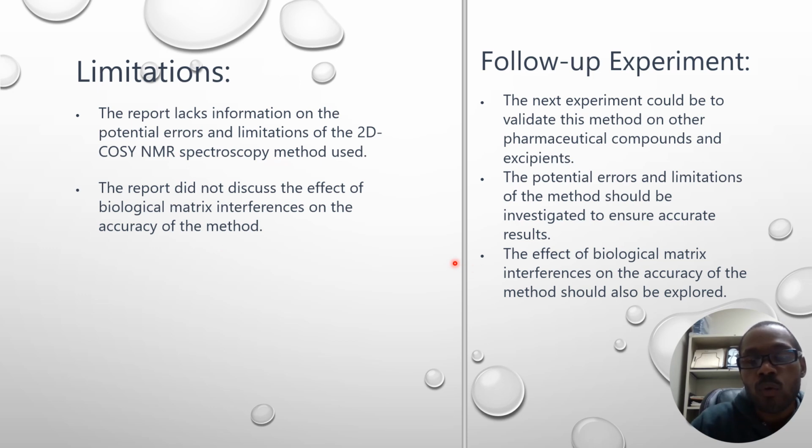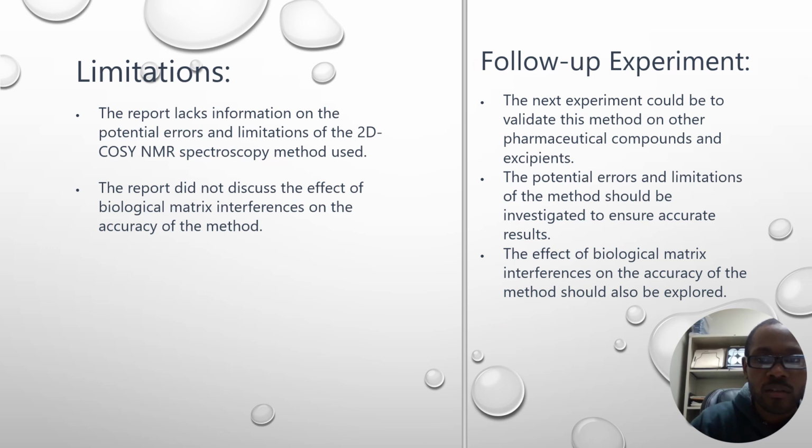For future experiments, we can look at validating this method on other pharmaceutical compounds and excipients. The potential errors and limitations of the method should be investigated to ensure the accuracy of the results. Future experiments could look at the effects of biological matrix interference on the accuracy of the method.